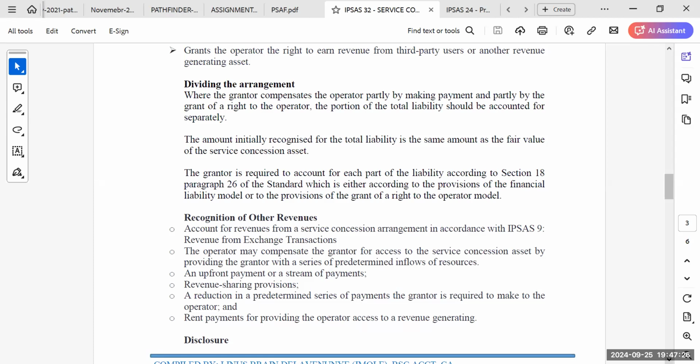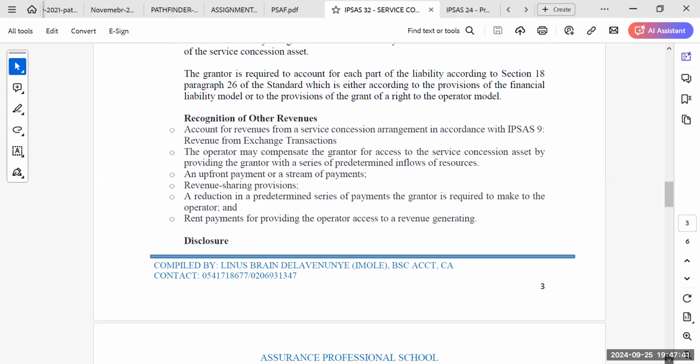Upfront payment or stream payment. There can also be certain payments made by the operator. Revenue sharing provisions, so the revenue that we are generating will be shared. There can be arrangements giving rise to other revenues. You should be able to check whether that particular revenue has been realized before we move on.